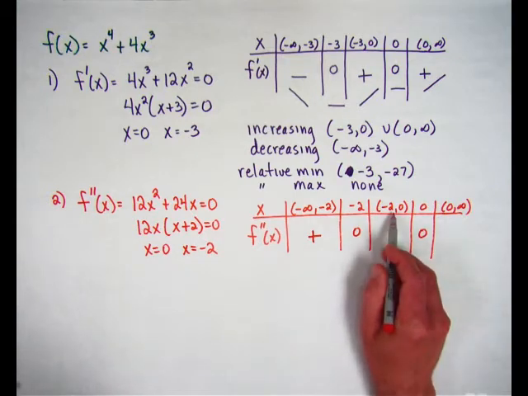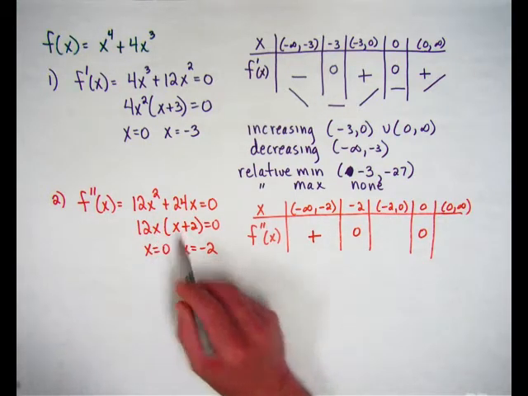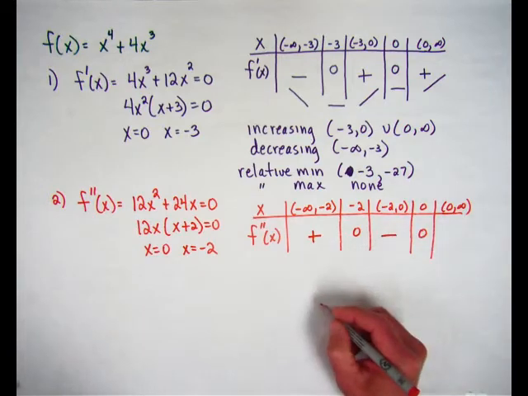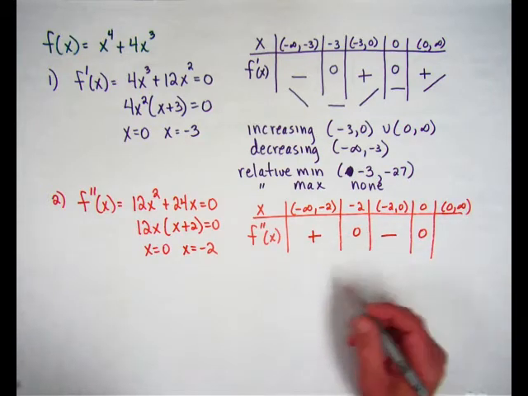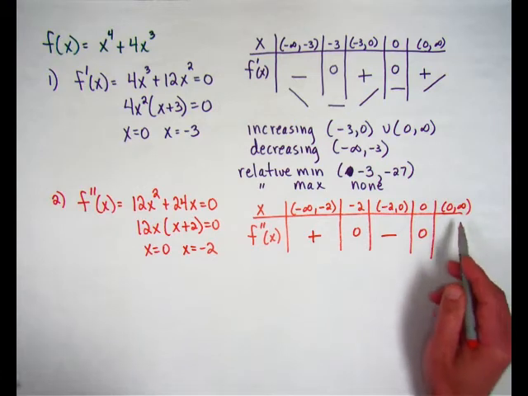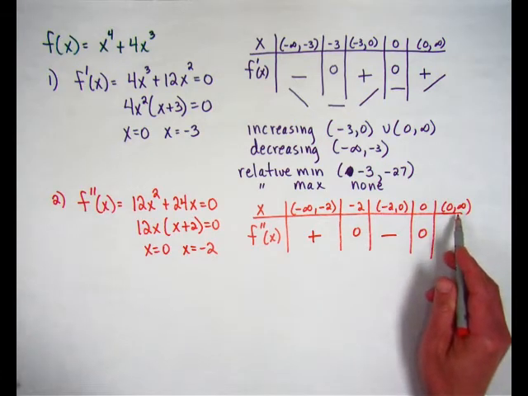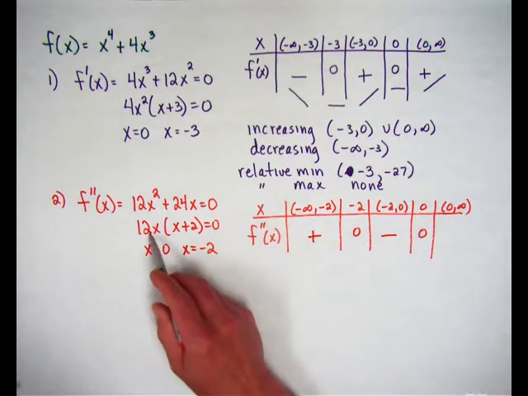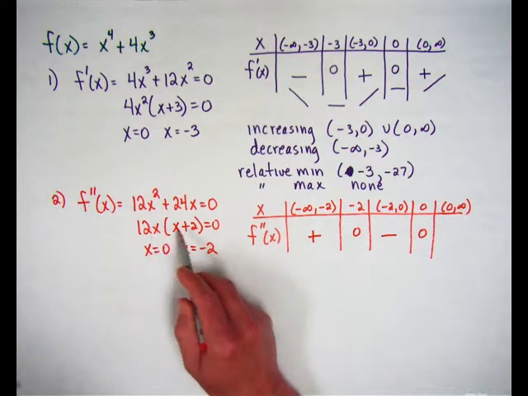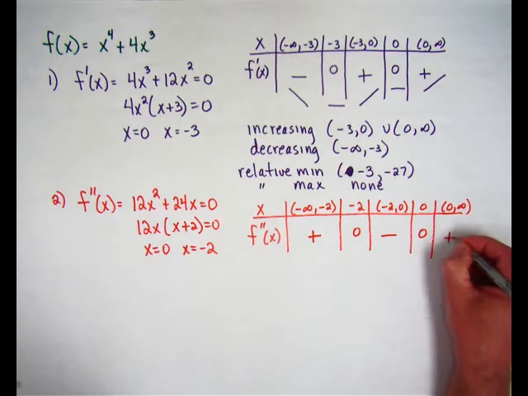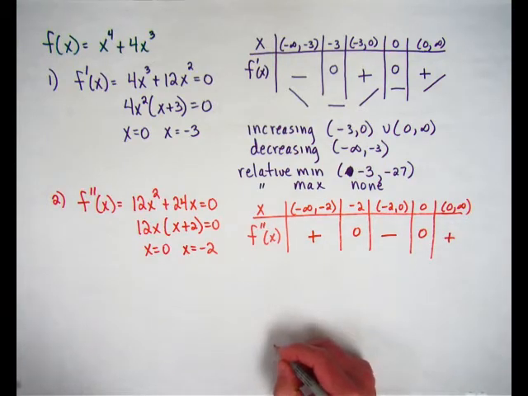If I pick negative 1, this will be negative, this will be positive, which will be negative. Once you get the hang of these tests, they go quite quickly. Notice that I'm not using a calculator. 0 to infinity, I'll pick, and again, it doesn't matter what you pick in this interval. I could pick 10. 12 times 10 is a positive number, 10 plus 2 is a positive number, and so our concavity test is complete.